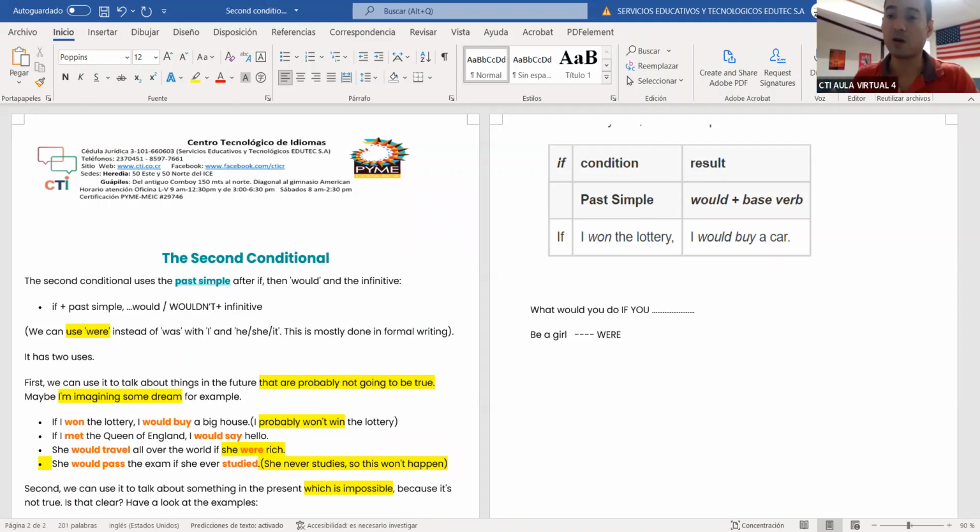For example, you're not my child. I'm not your father, right? So what would you do if, I don't know, one member in the class, let's say Camila, what would you do if Camila were your daughter, let's say.